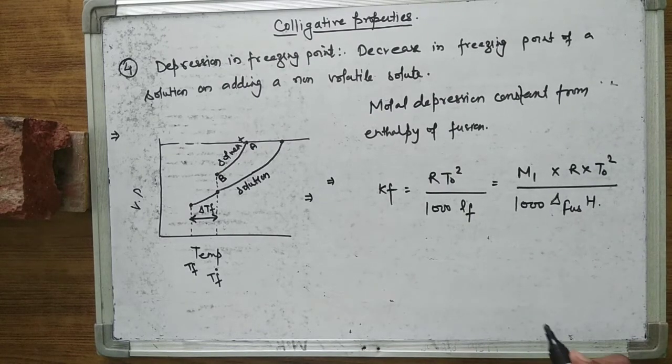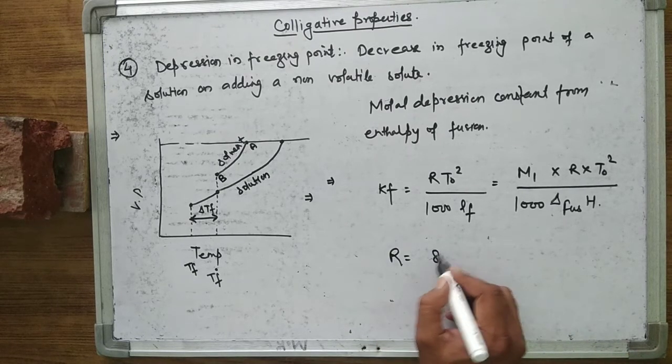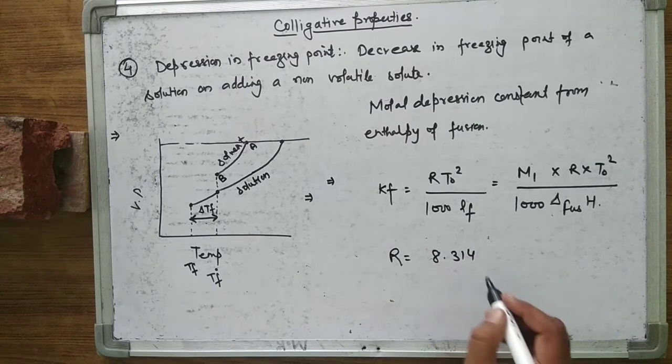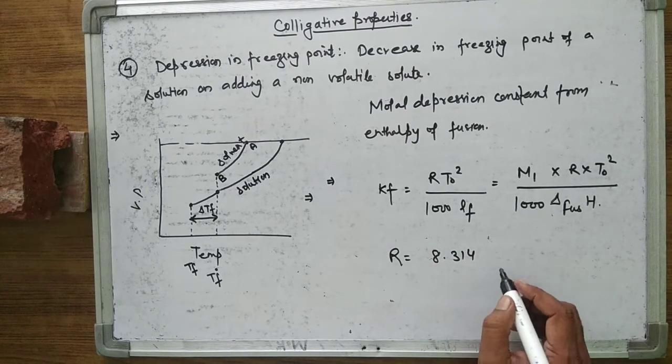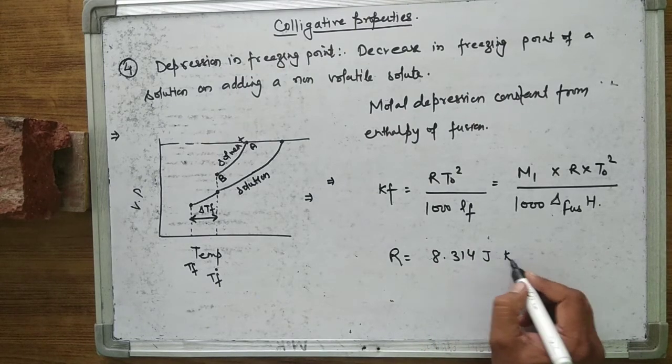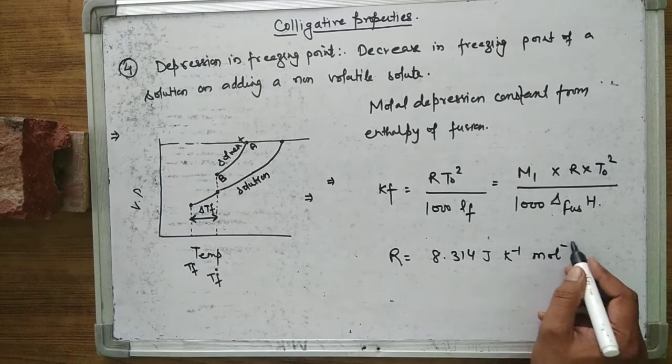This is the expression for calculating the molar depression constant from enthalpy of fusion. Here the value of R, the gas constant, is 8.314 joule per Kelvin per mole.